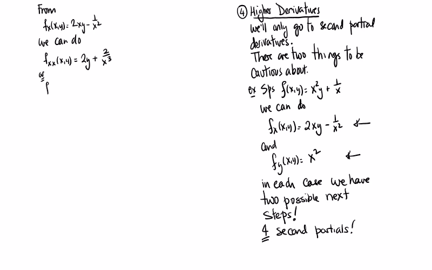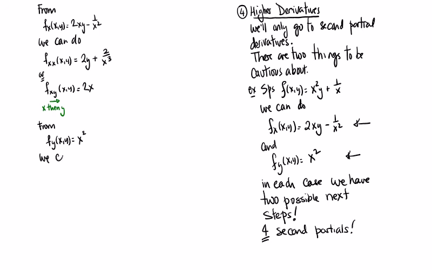Or we can then do y. Notice in the notation here, this is read from left to right. This is x, then y. It's building out from the f. Now, if I do it with respect to y, then we would get 2x minus 0. Those are our two possibilities. Or, from the other one, f sub y of x, y, which was x squared, this is really easy.